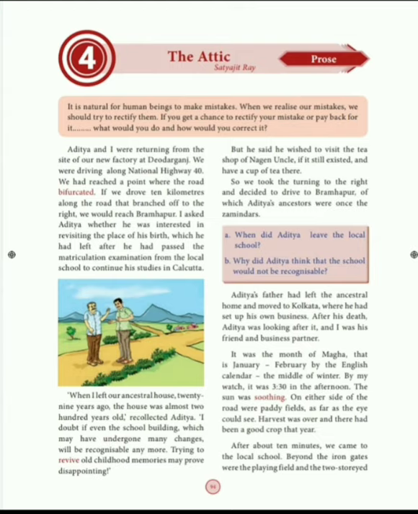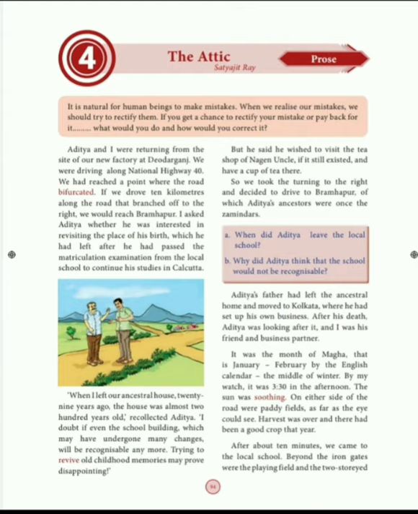While they were traveling, in one place 2 roads bifurcated. Do you know what is the meaning of bifurcated? Bifurcated means divided into 2. In one spot, the road bifurcated. There, Aditya stopped the car.